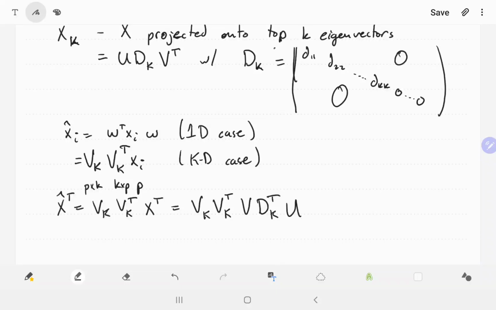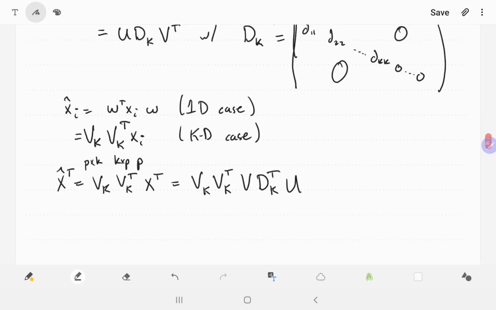So V k transpose V is just going to form a matrix that looks like the identity: a k by k identity, and then zeros elsewhere.